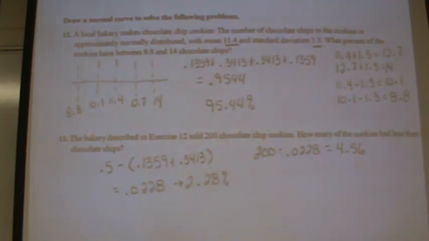So we need to round this, and we're going to round up because this is 5. So this is actually 5 cookies. So 5 of the 200 cookies sold had less than 8.8 chocolate chips. And that completes 11.9.